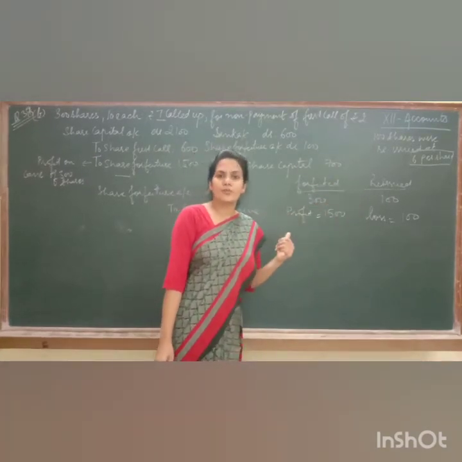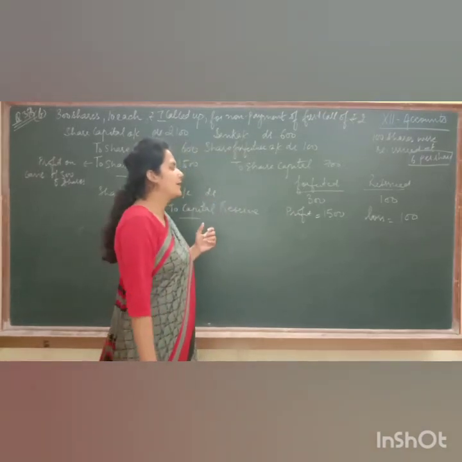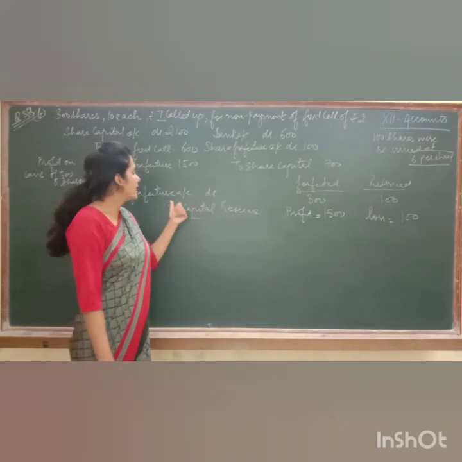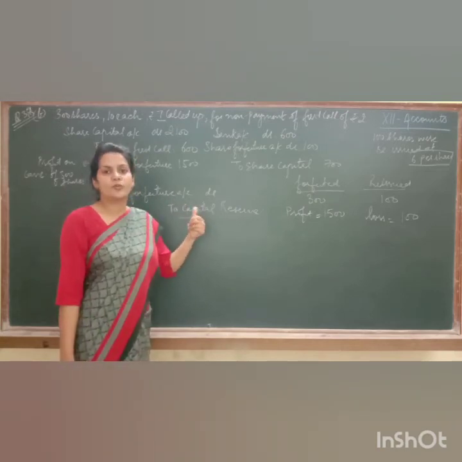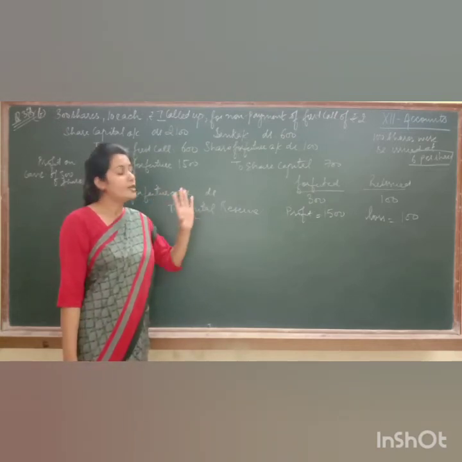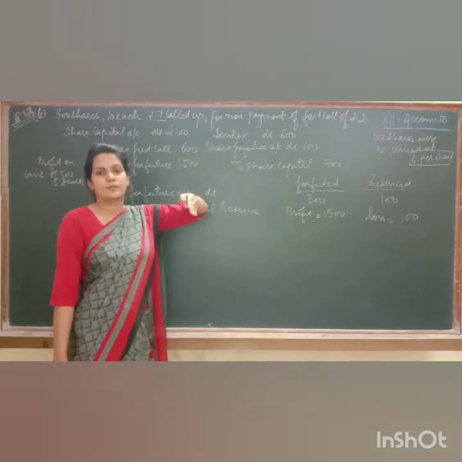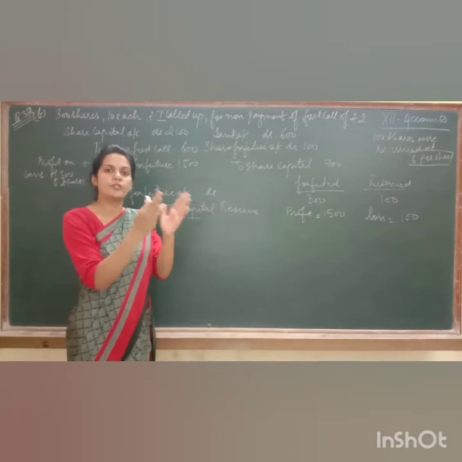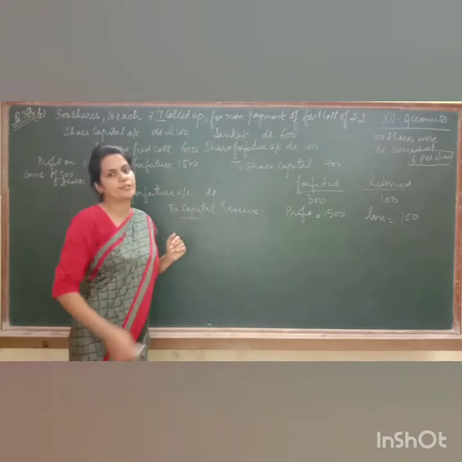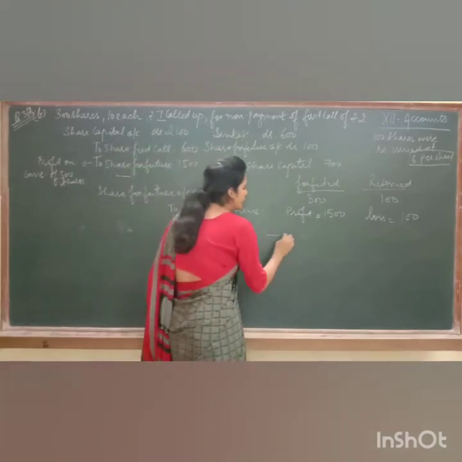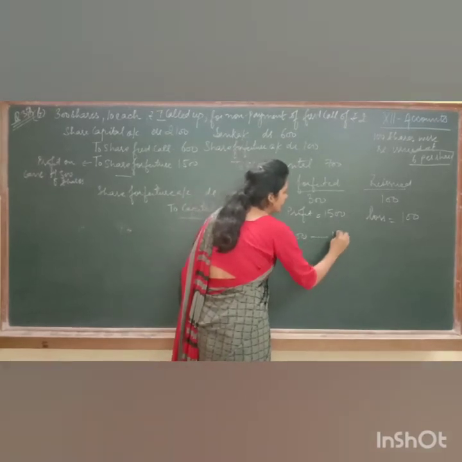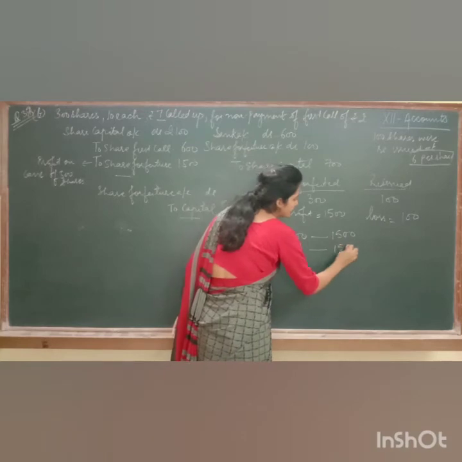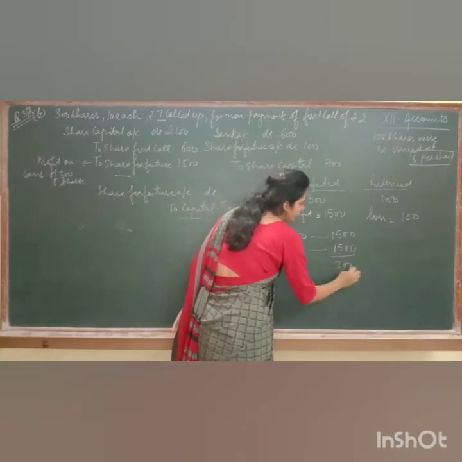So in that case, first of all, we have to calculate the profit on forfeiture of 100 shares only. Because in capital reserve only that profit we can transfer. As I already told you, on as many shares as you reissue, only that amount of profit on forfeiture you can transfer here. So if profit on 300 shares is 1500, then profit on forfeiture of one share is 1500 upon 300.